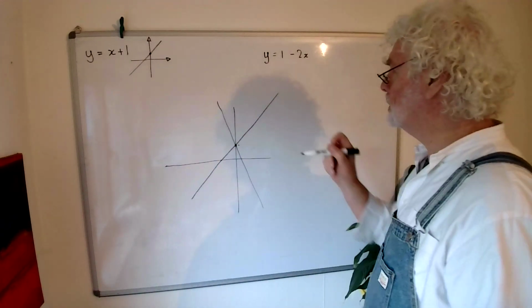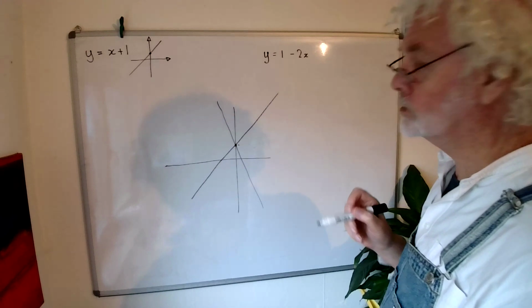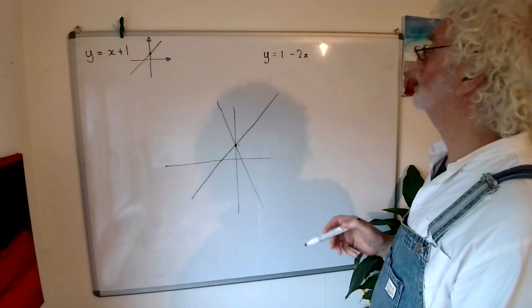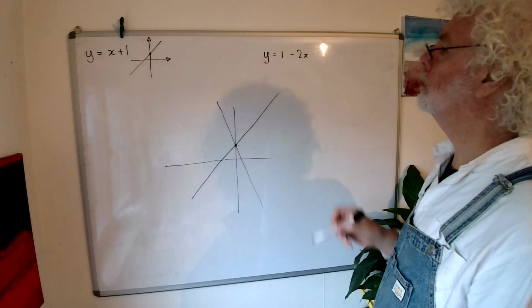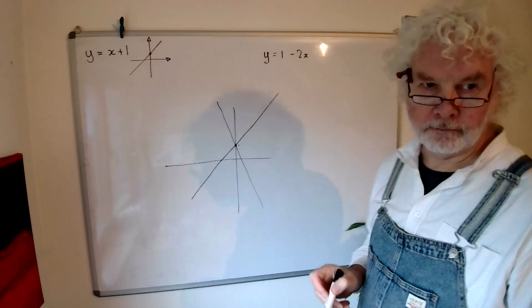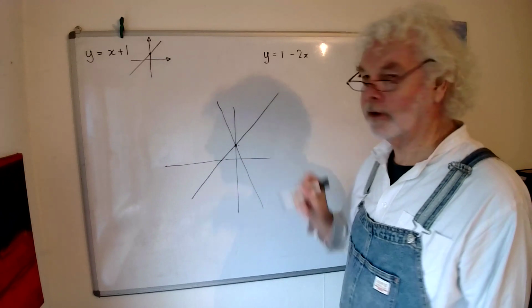There are various ways of solving simultaneous equations. One is you can plot them and find out where they cross.